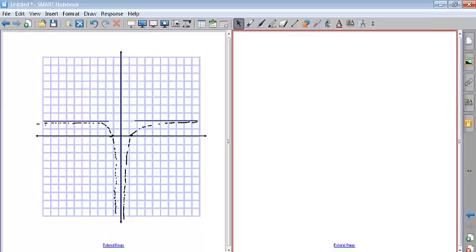Okay, I think we're not quite finished. We've got one more in this section, number 37. So we have 3x divided by x squared minus x minus 2. If we could factor the denominator, that would be nice, which we can.